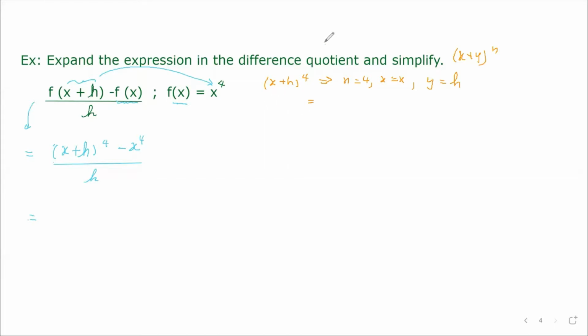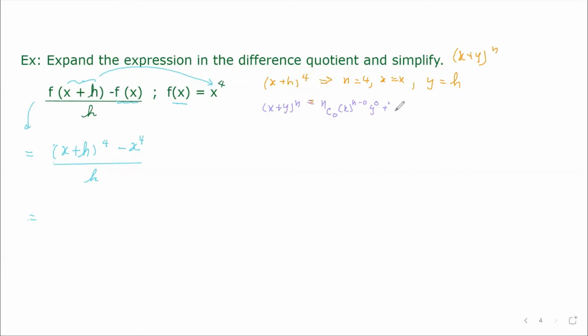The formula, for example, x plus y, the whole thing power n. The formula is what? nC0, and then x power n minus 0, and then y power 0, plus.